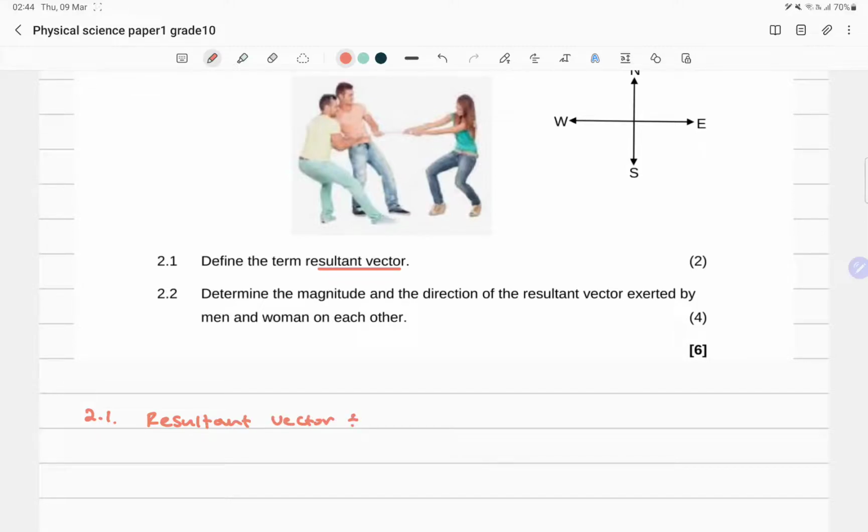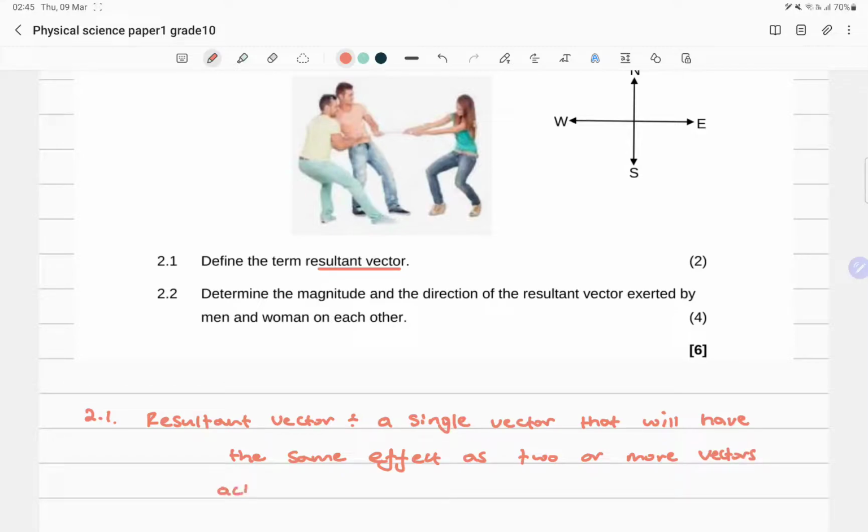The resultant vector is defined as a single vector that will have the same effect as two or more vectors acting together.